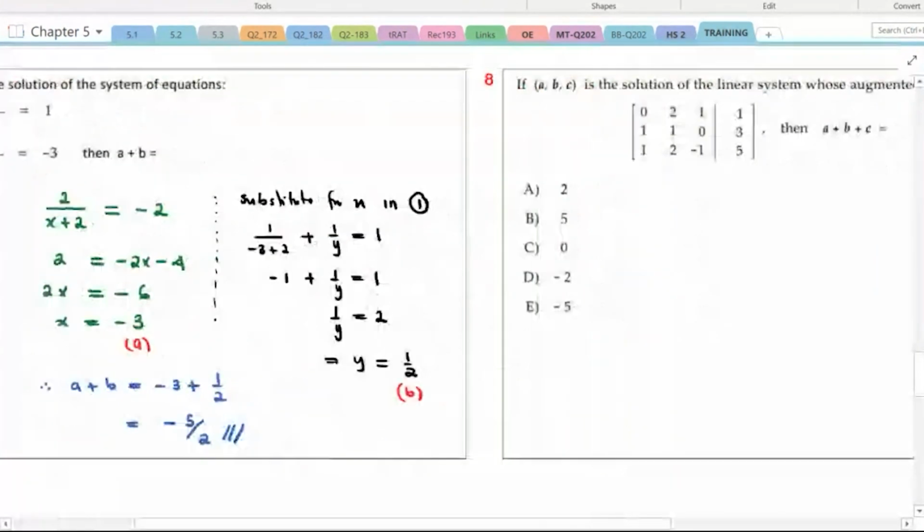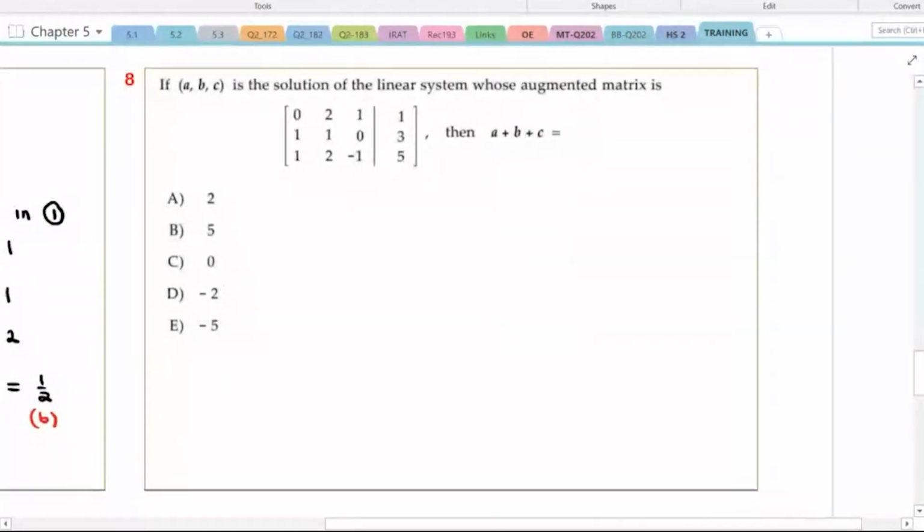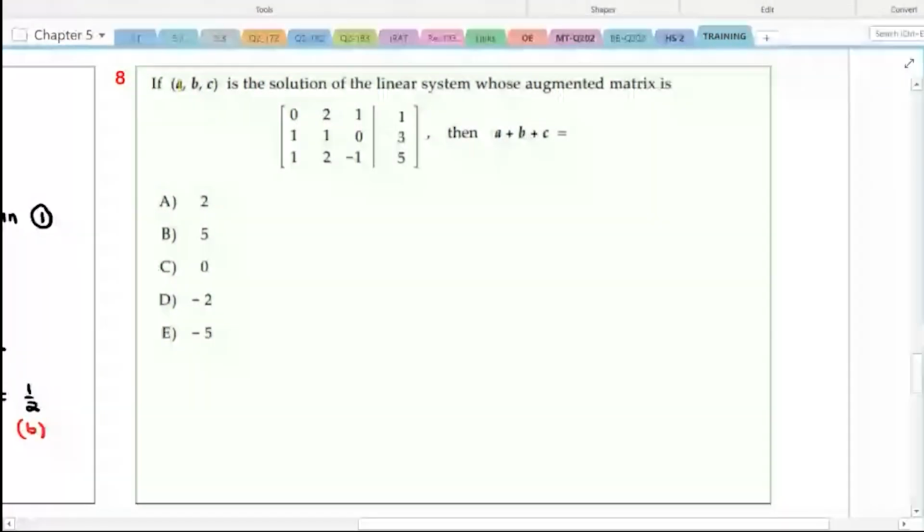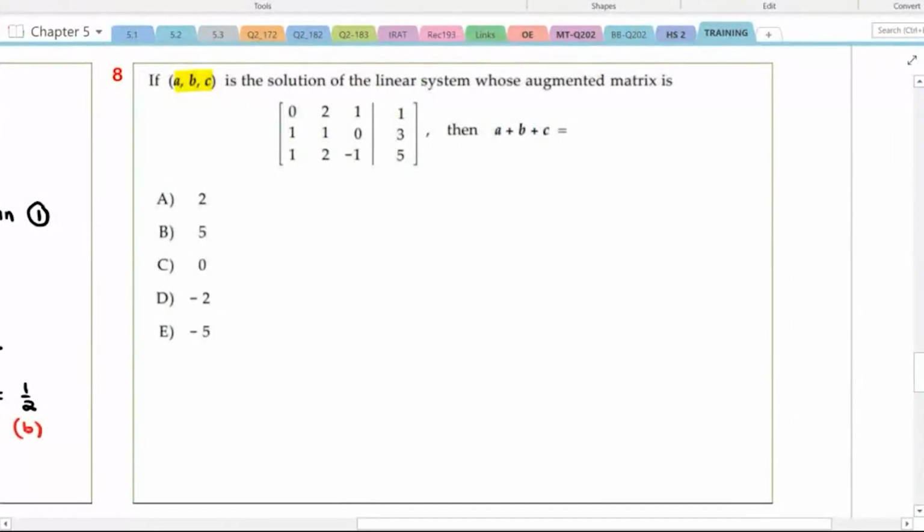Okay, so let us proceed, gentlemen. Here, the question says, if A, B, C is the solution of the linear system whose augmented matrix is this.